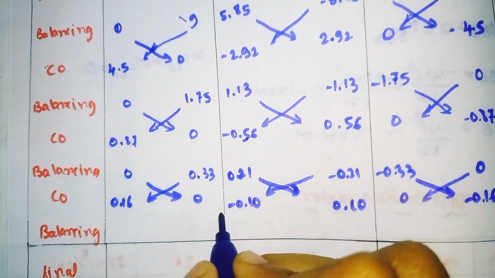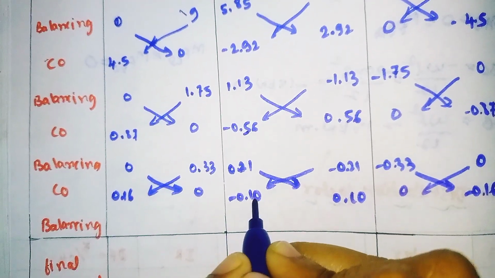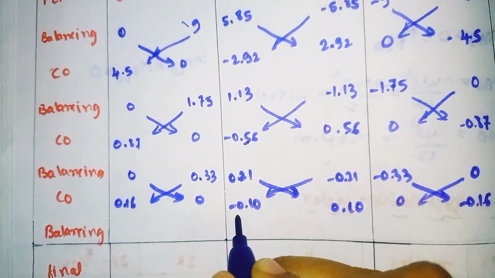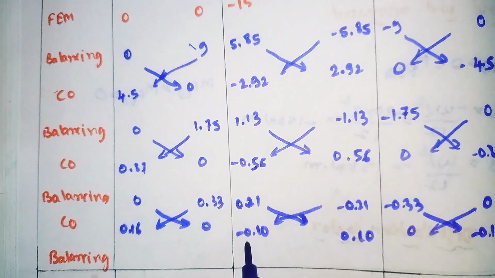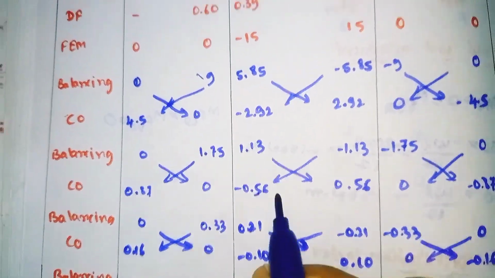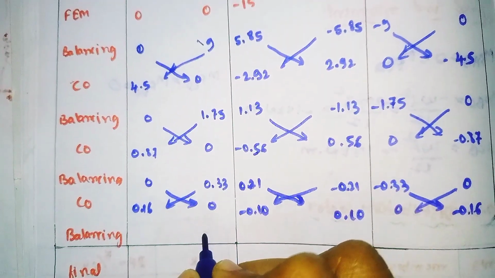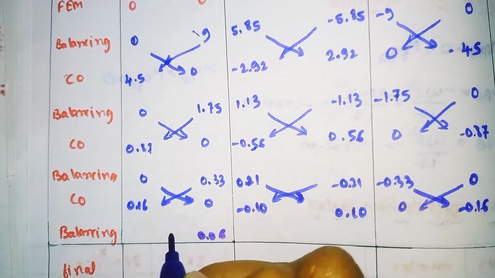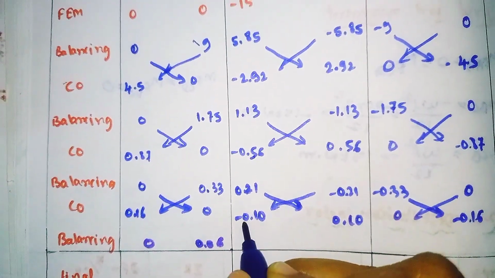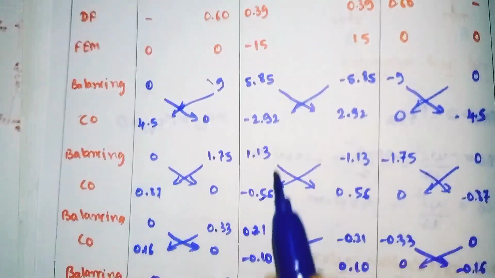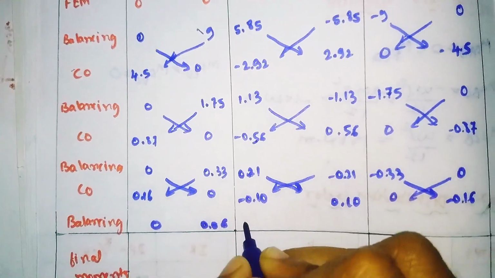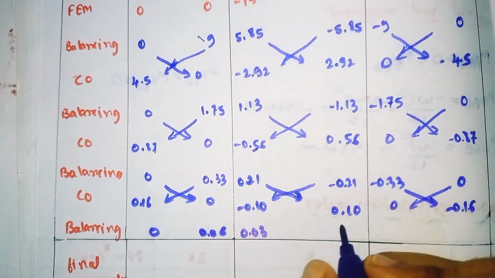So I am doing it. So minus 0.10 becomes positive 0.10, then multiply 0.10 into distribution factor 0.60, it becomes 0.06. And here also 0.10 into 0.39, it will come 0.03.